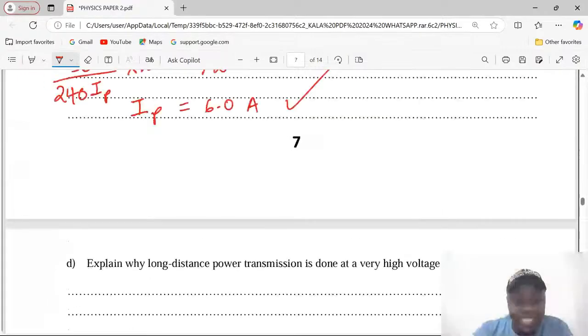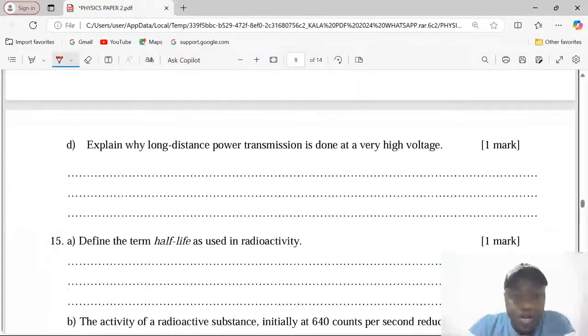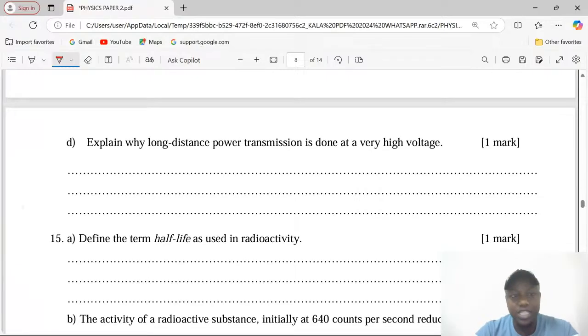We got a part D here. Explain why long distance power transmission is done at very high voltage. For voltage to be stepped up, current has to automatically be stepped down.